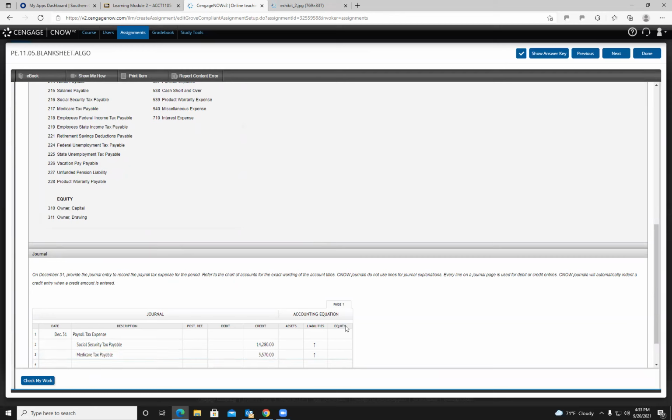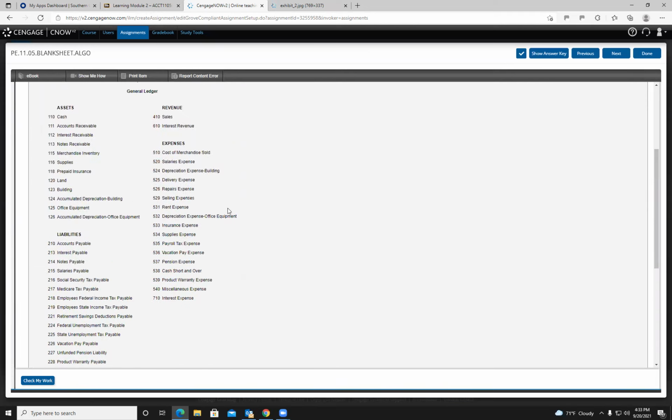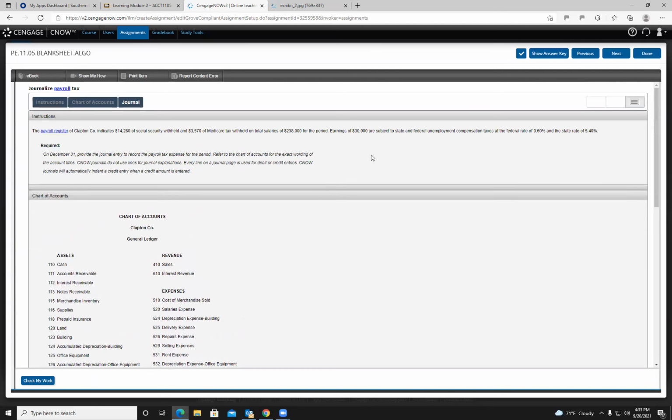All right, so then what we now have to do is set up the federal and state unemployment tax payable. The federal unemployment tax payable is going to be 0.6% of $30,000, because up here it said earnings of $30,000 is subject to the federal unemployment compensation taxes.